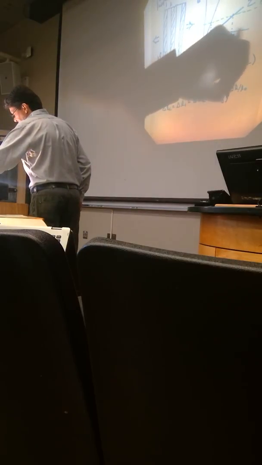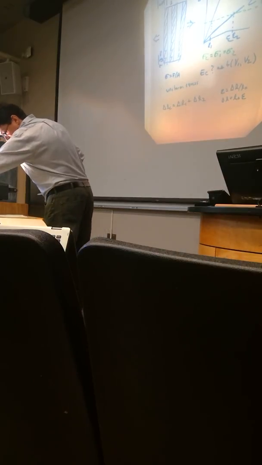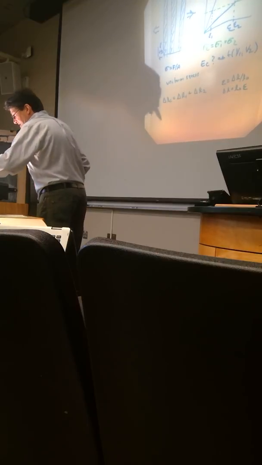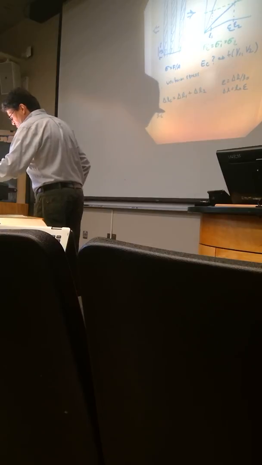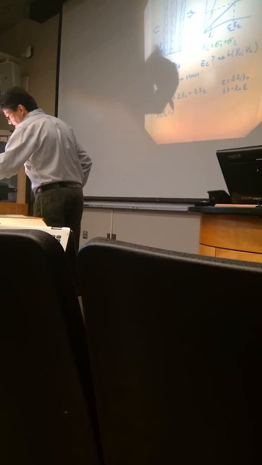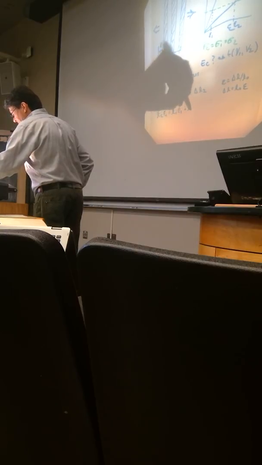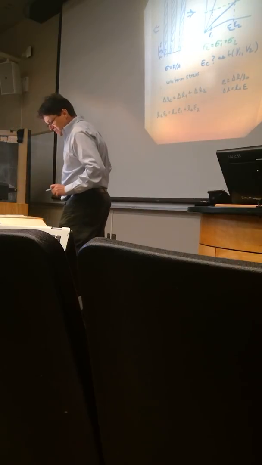So delta L is equal to L naught times strain. So basically we can plug that into here and say change in length of the composite times the strain in the composite is equal to L1 times strain in 1 plus L2 times strain in 2.